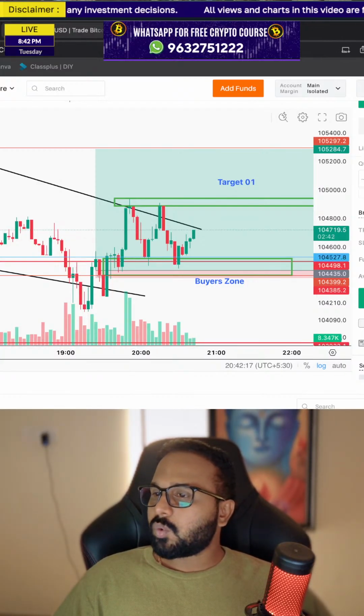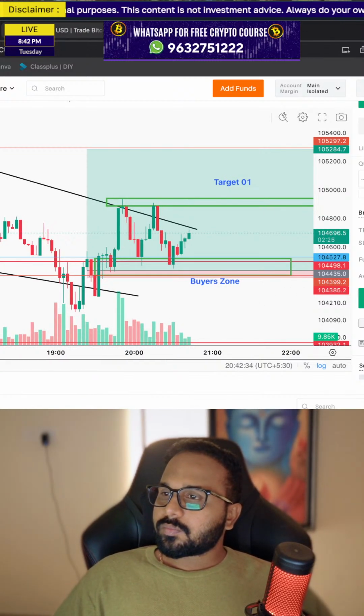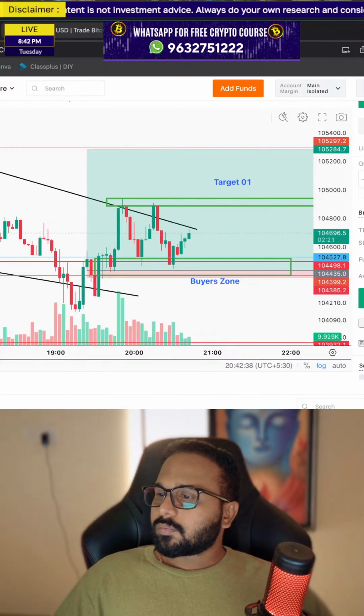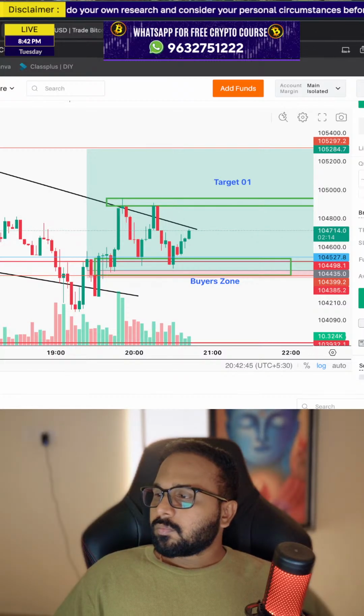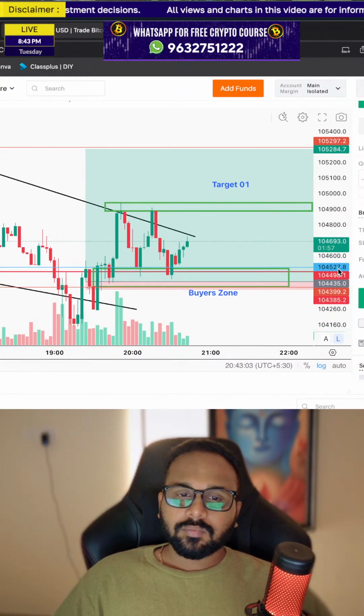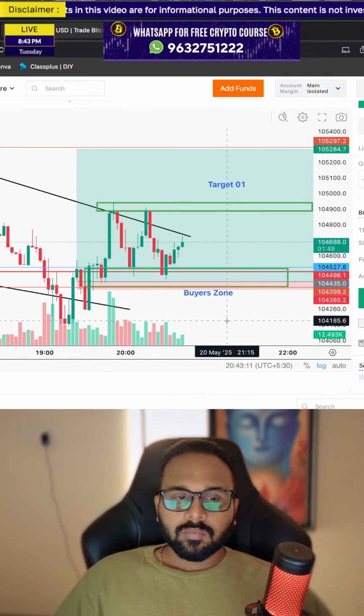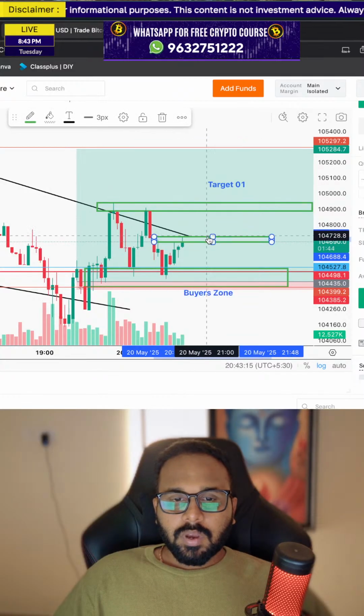If Nasdaq shows a little more pressure, I'm expecting 35-40 points in Nasdaq, if it gives that upside move. The market has to sustain above this.